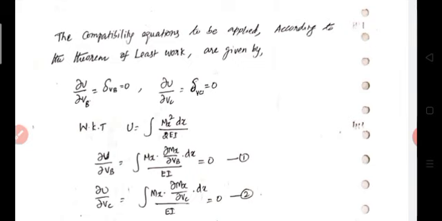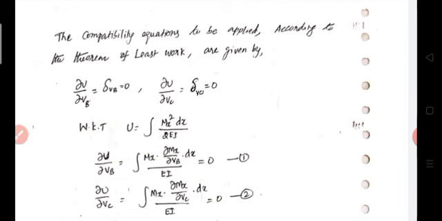Then ∂U/∂VC is equal to integration of Mx ∂Mx/∂VC dx divided by EI equal to 0, second equation. Try to solve these two equations. With the help of these two equations we can determine the VB and VC reactions.